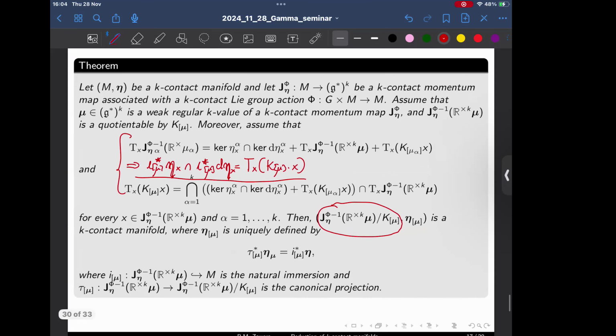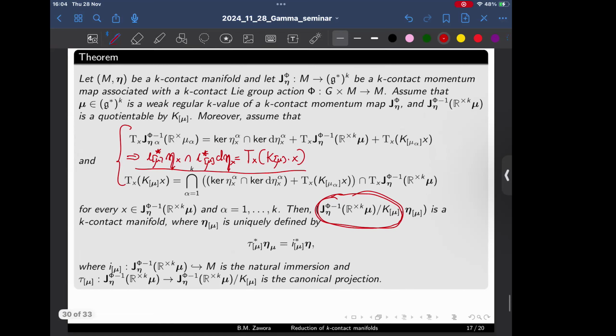Okay, and then we can retrieve the k-contact structure from the initial k-contact manifold, and this theorem guarantees that this quotient is a k-contact manifold. Okay.